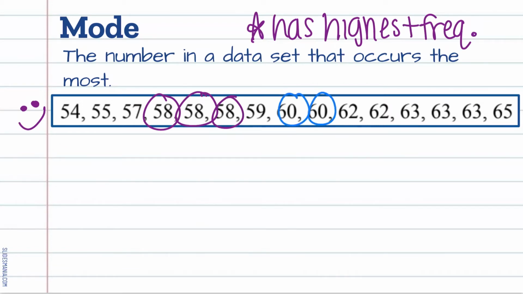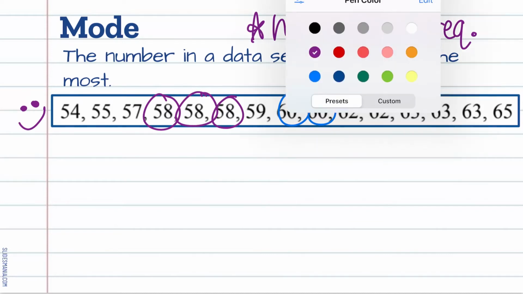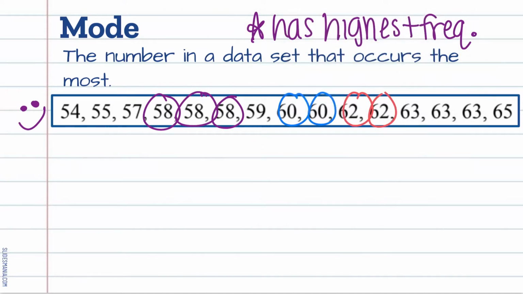60 is repeated twice. 62 is repeated twice. And then 63 is also repeated 3 times. So I have 58 that's repeated 3 times, and then 63 that's repeated 3 times. Since they both have the same frequency that is the highest, my mode will actually be 58 and 63.